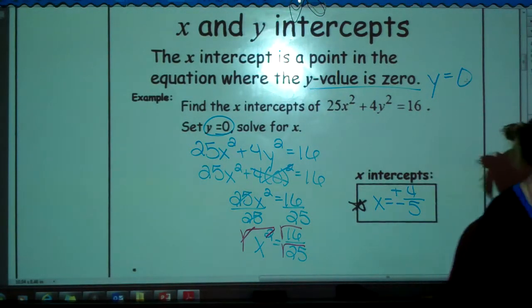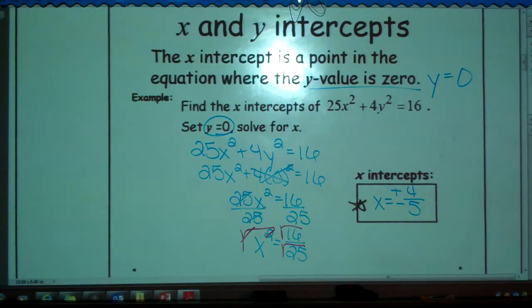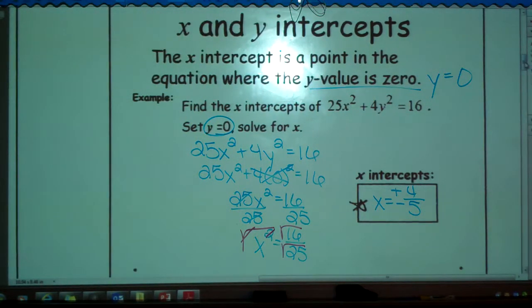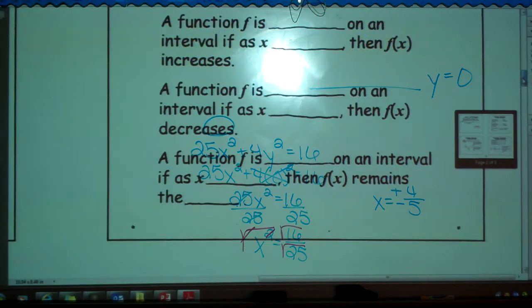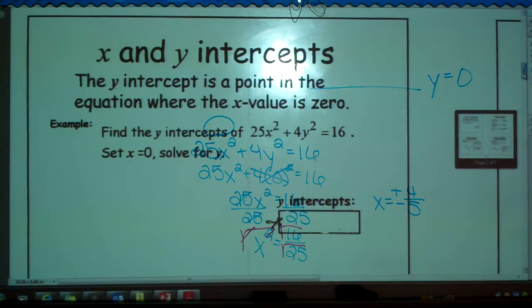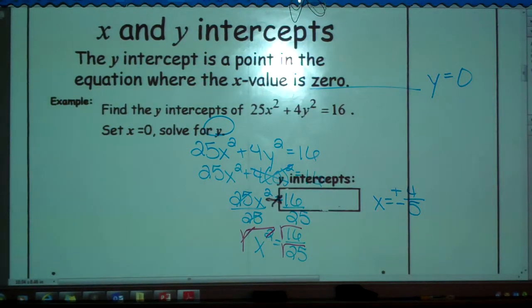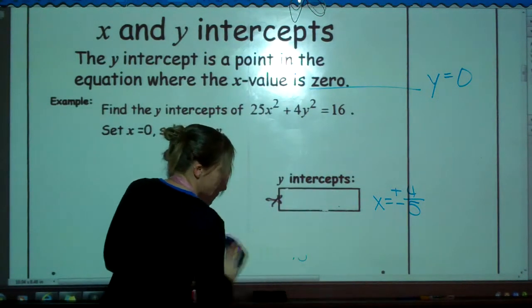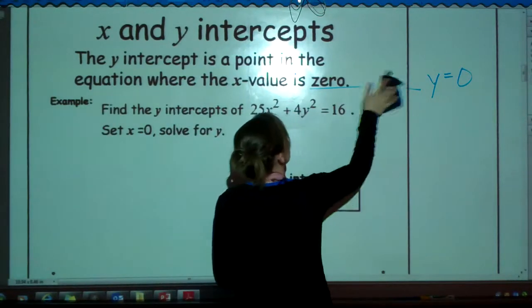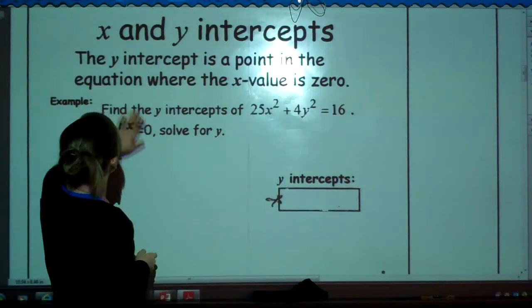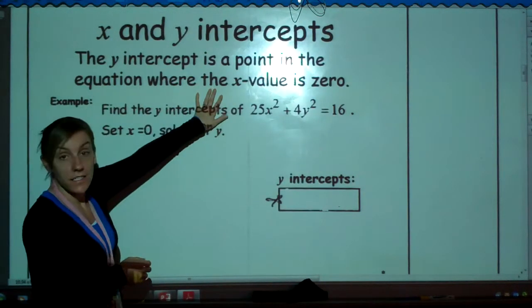All right, so then, let's see what else we have. Alright, so to finish out that idea, we do the opposite when we're looking for a y-intercept algebraically with an equation. Okay, so to find the y-intercept, it's where the x value is 0.